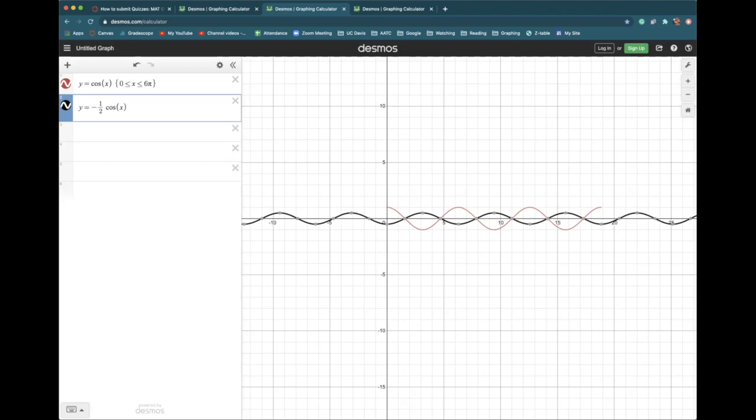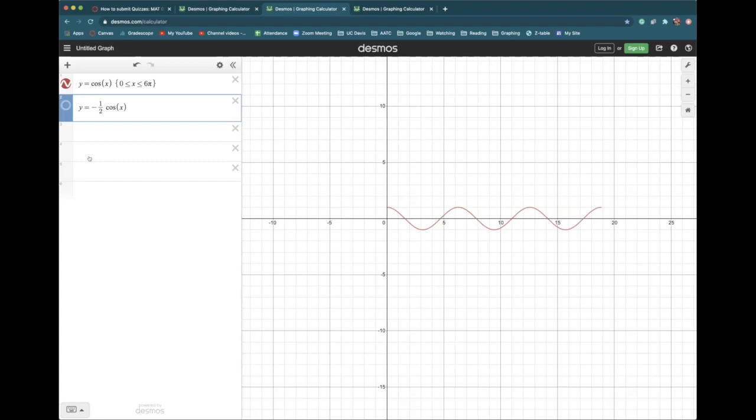My black function is their red function and vice versa, which is just a coincidence. I think maybe if you click on this, you can pick the color. No, you can't. You can turn it off or turn it on. So there's my -1/2 cosine x, which definitely looks like this one here. And then there's my regular one. That's kind of neat that you can turn them on and off like that too.